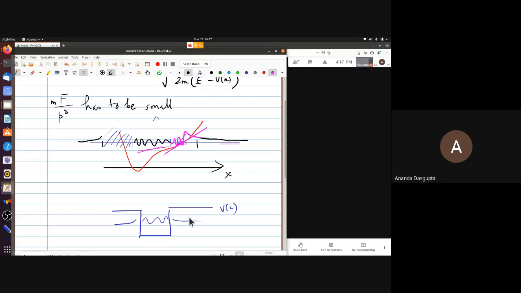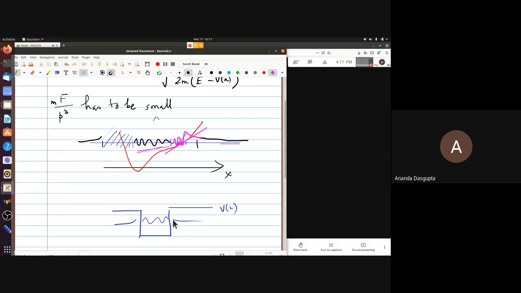In fact, the way in which we solve these problems is that we find out the quantization of energy by actually matching the solution at the boundaries. The matching is possible only at certain values of energy and not at other values, at least for bound states.